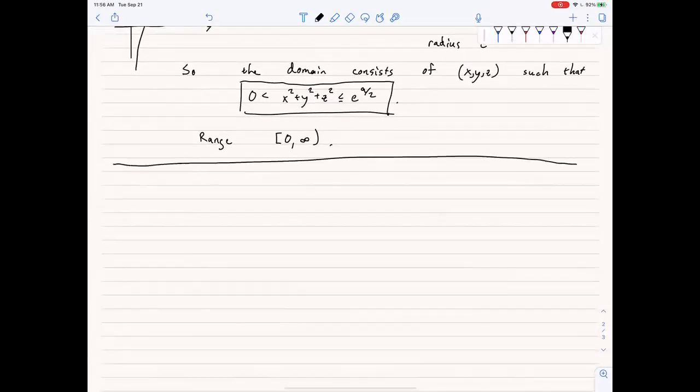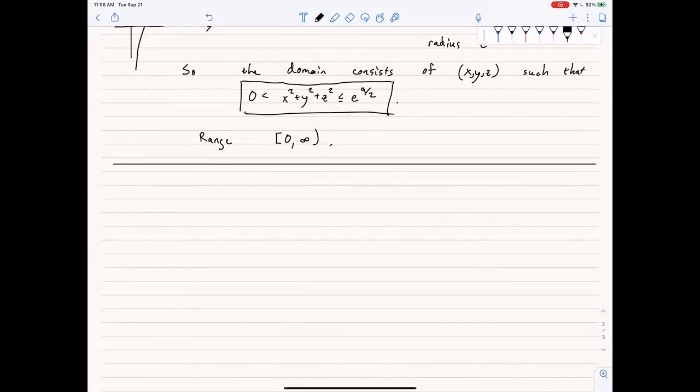So one of the reasons that we study the two-dimensional case quite a bit is that we can visualize graphs of two-dimensional functions. There's something we can do for three-dimensional functions as well, but it's a little bit more difficult. So again, I think I've already mentioned this in previous lectures, but let me just say it again.